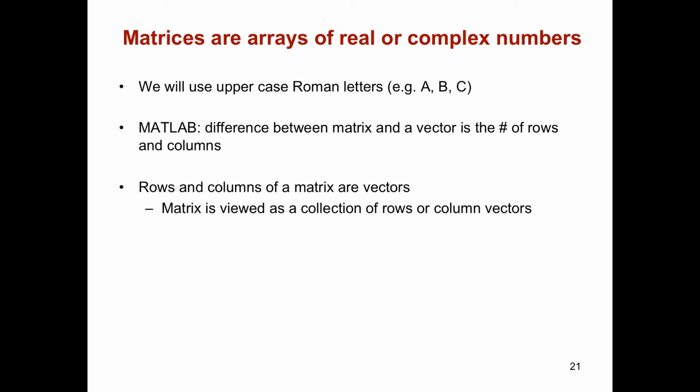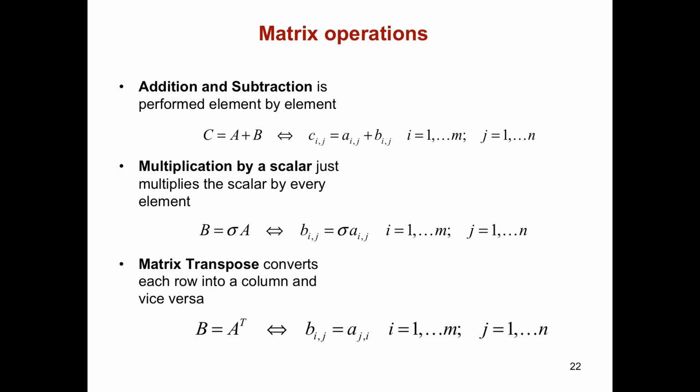The biggest difference between the two is how many rows and columns I have. To get a matrix, I put together a bunch of column vectors. I can also look at it as a bunch of row vectors together. So a matrix is essentially a collection of vectors. We will do addition and subtraction the way you would expect.